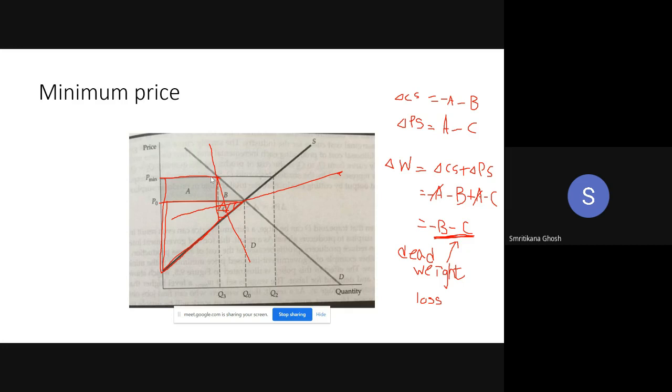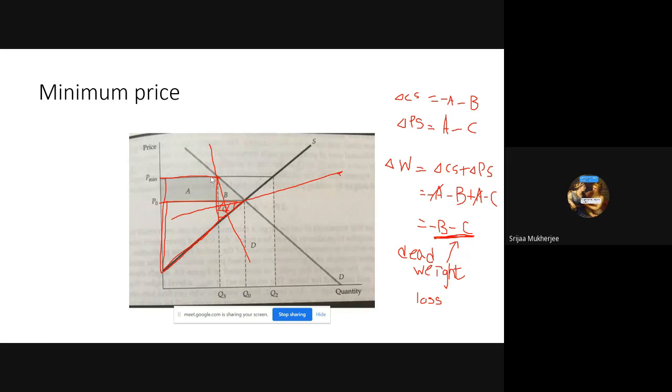Is there any query or doubt with this diagram? Is there any query? No, ma'am. You can proceed, I guess.